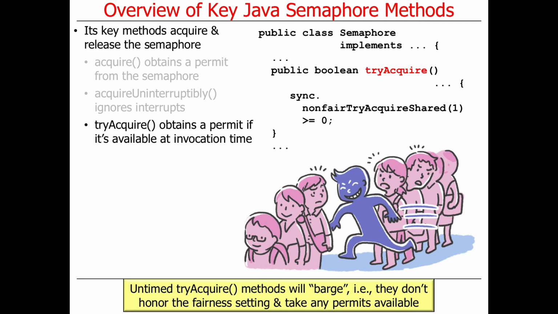But the reason it does this is that under the hood, the way try acquire is implemented in the non-fair try acquire shared method in the abstract queued synchronizer framework is it simply uses a compare and swap operation. Remember, compare and swap is the low-level mechanism by which these synchronizers are implemented. With try acquire non-fair, it will try to do the compare and swap, and if it succeeds, it's done.